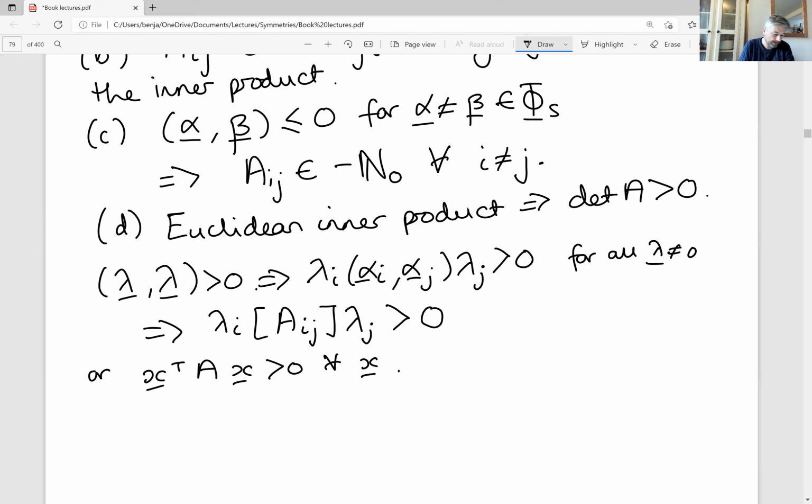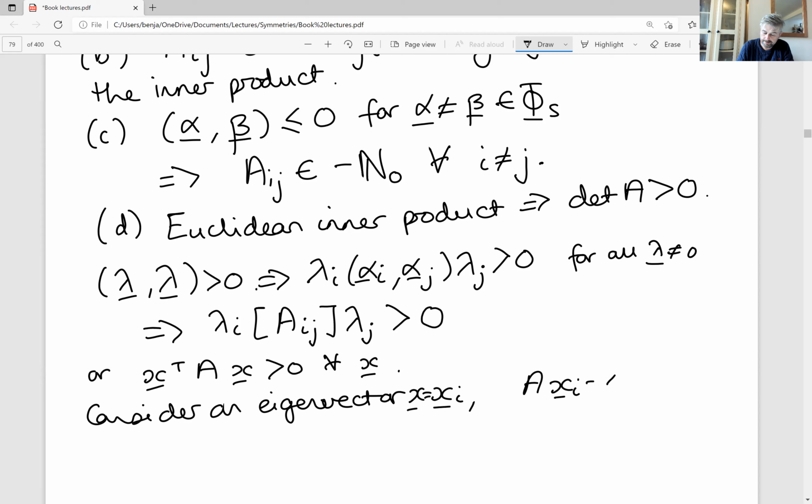Now, if we consider an eigenvector of A, so that, in other words, A x_i is lambda_i x_i. If I substitute this into the previous inequality, what I get is lambda_i x_i transposed x_i. Okay, no, this is no sum on i.